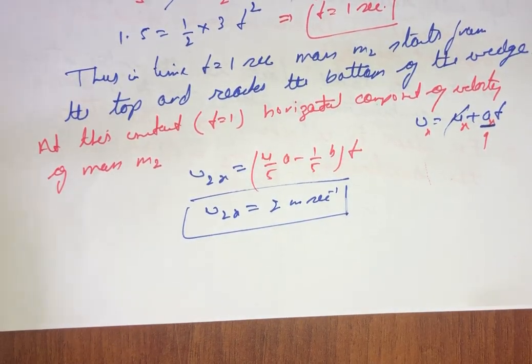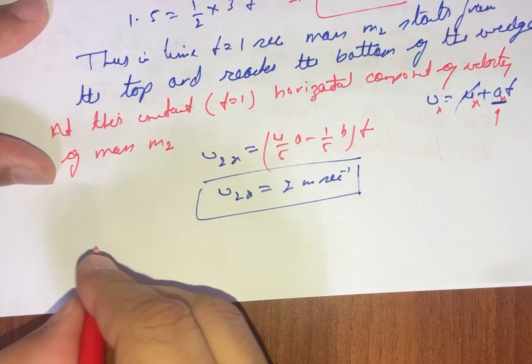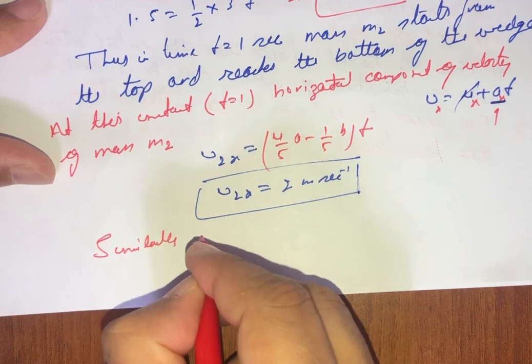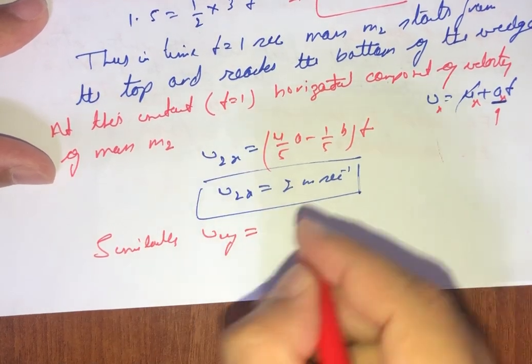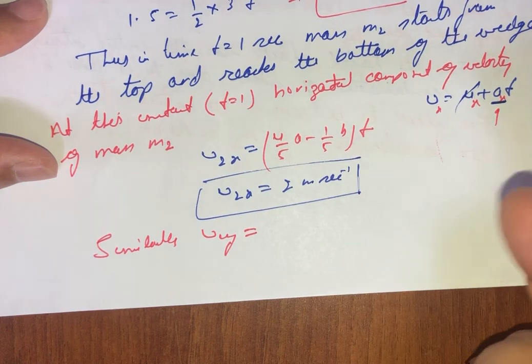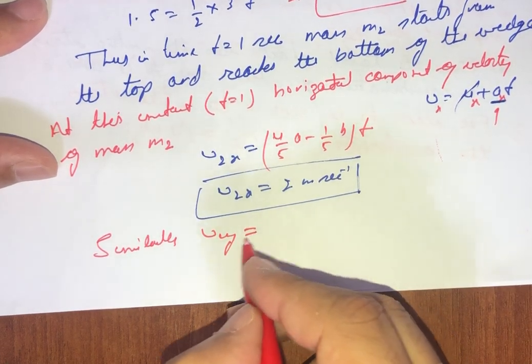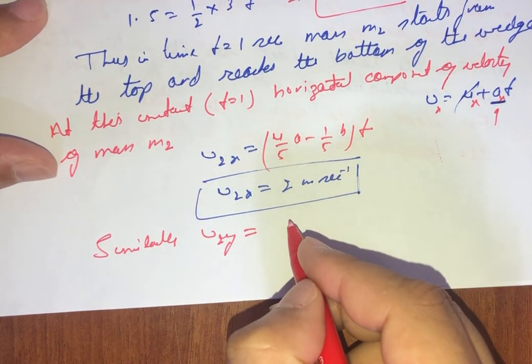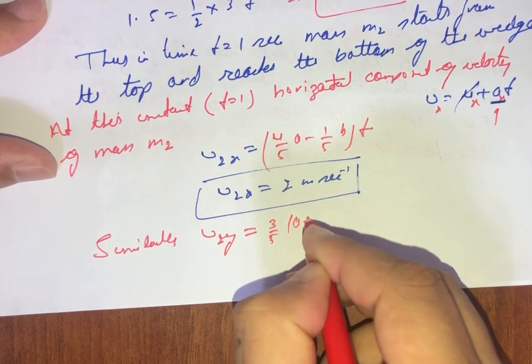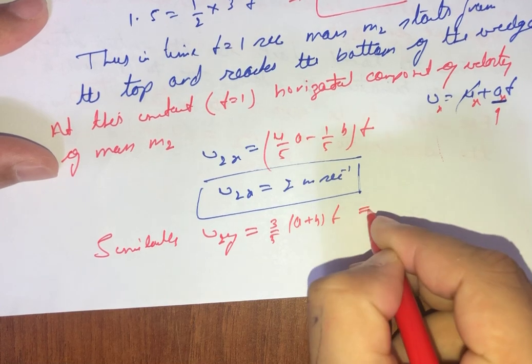Similarly, we can find out the vertical component. v2y will be equal to, using the same formula with initial velocity once again 0, the vertical component, that is 3 upon 5 A plus B, into t.